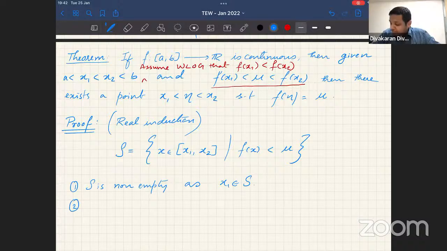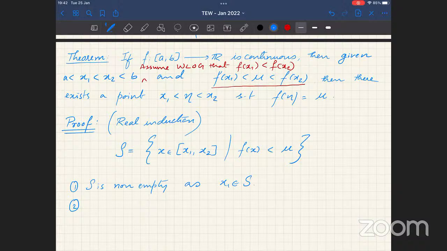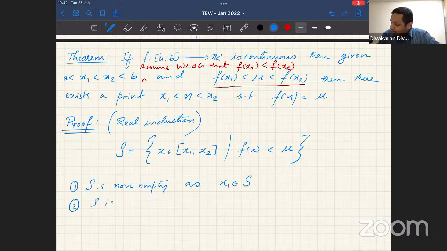Is this set bounded? Yes, because our domain is bounded. Exactly, it's bounded by x1 and x2. So S is also a bounded set. In particular, it is bounded above by x2.